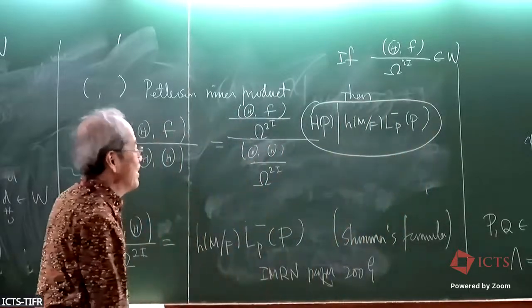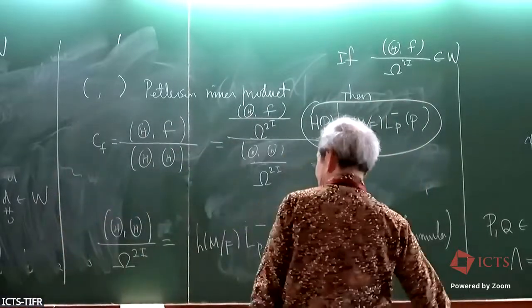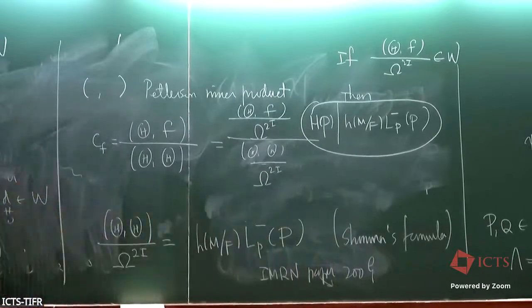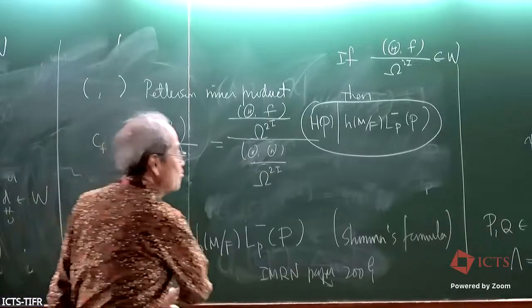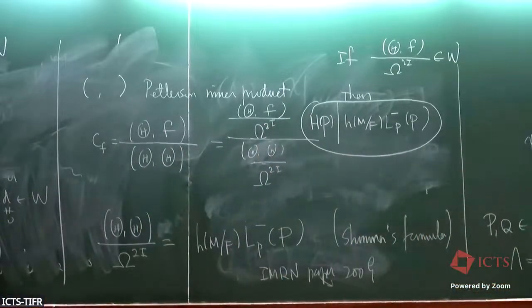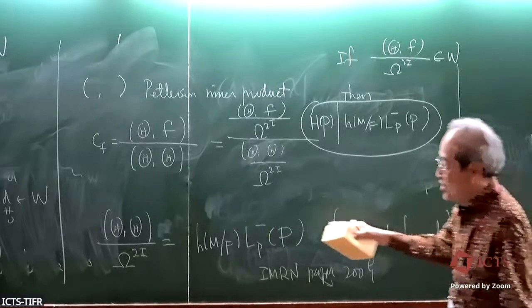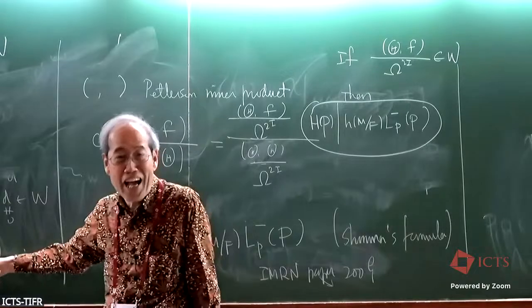So what I need to prove is that, further for simplicity, I just write this S_W as S. So what I need to prove, because you require this for all F. Huh?